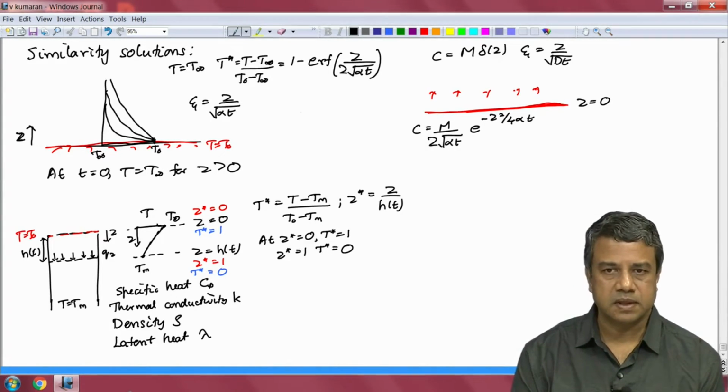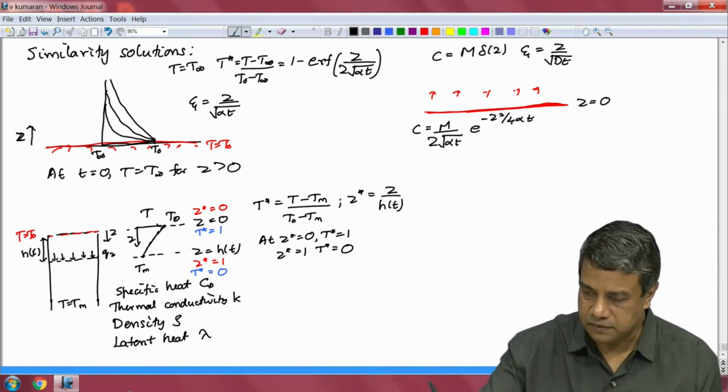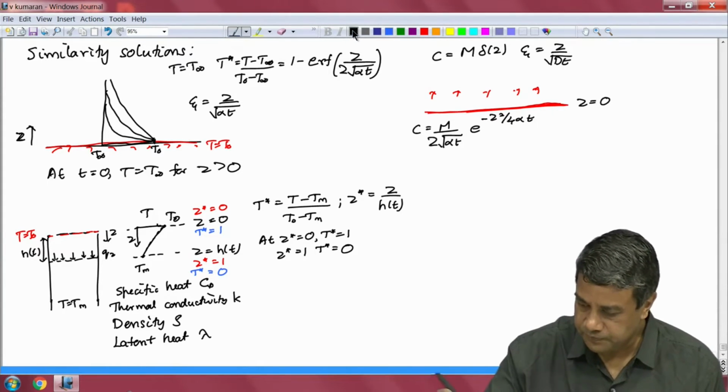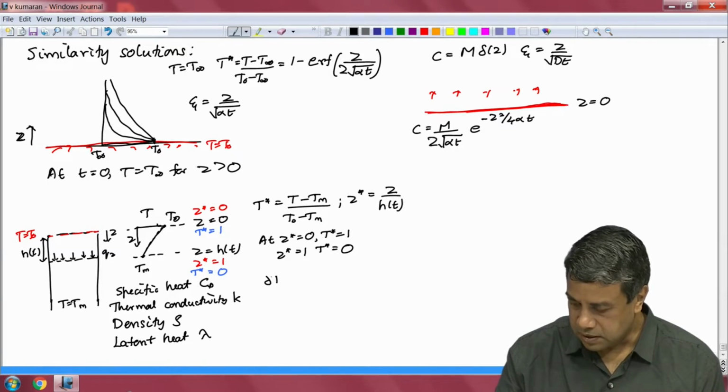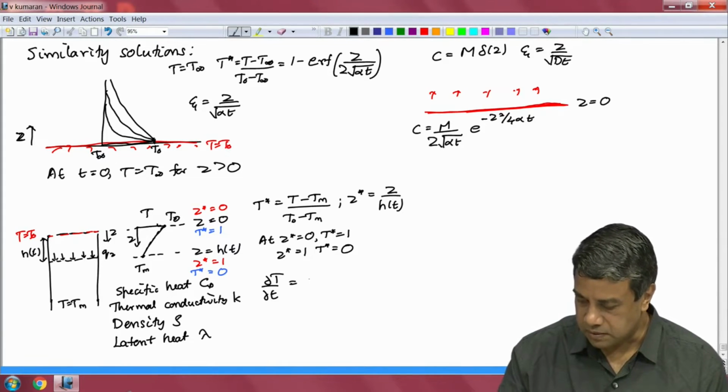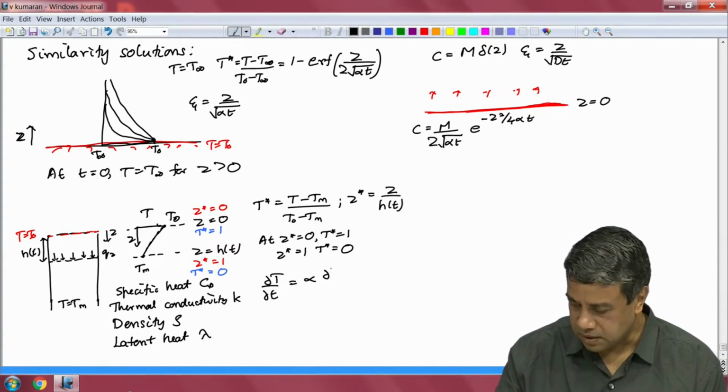The conservation equation, the diffusion equation, is partial T by partial t is equal to alpha times partial square T by partial z square.